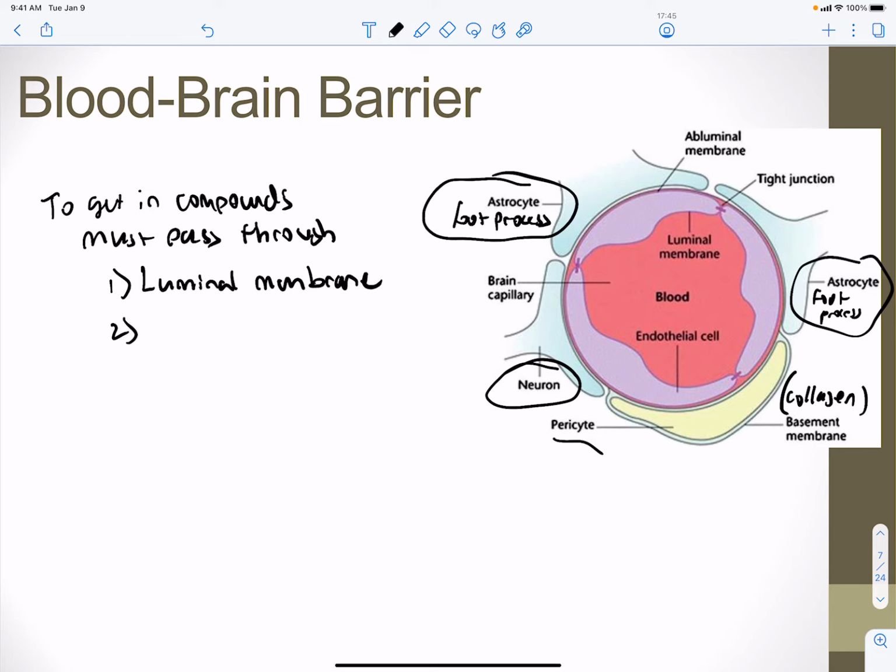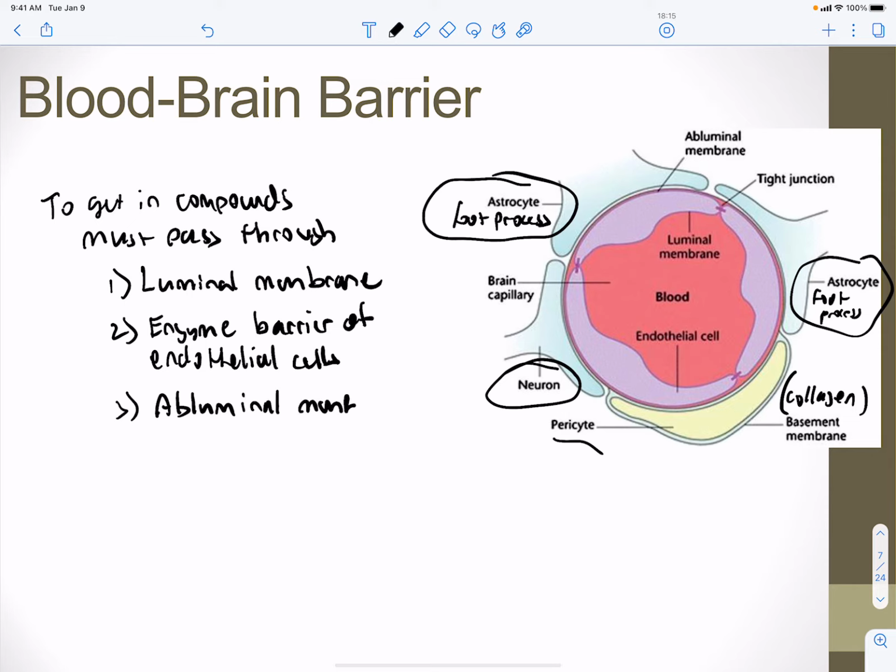They're going to have to pass through the enzymatic barrier of your actual endothelial cells that are actively pumping things back out, egress. You have an abluminal membrane. You have a basement membrane. And you have other barriers formed by astrocytes.